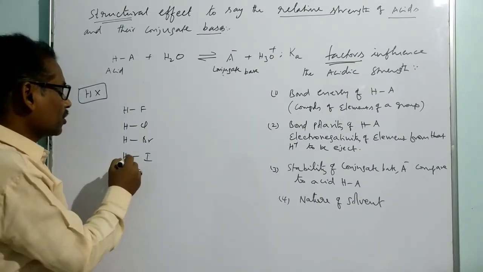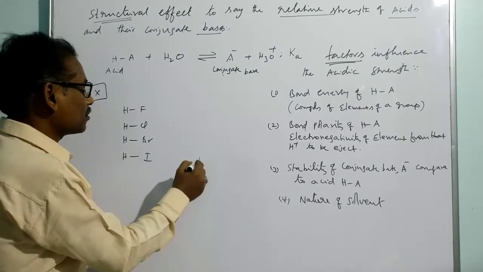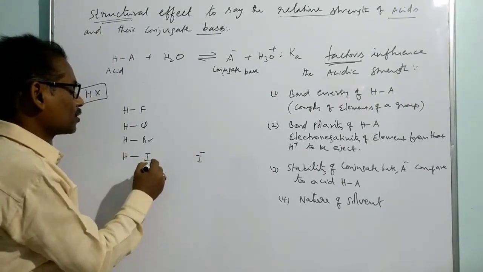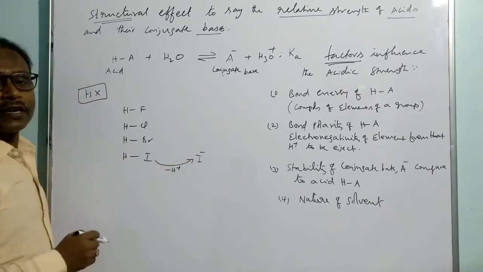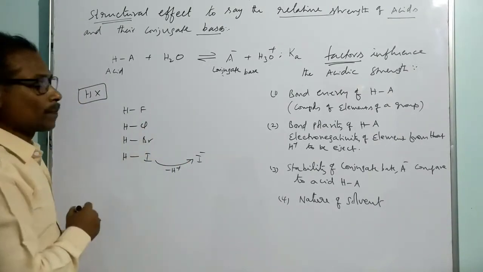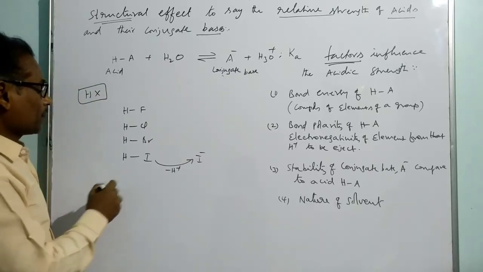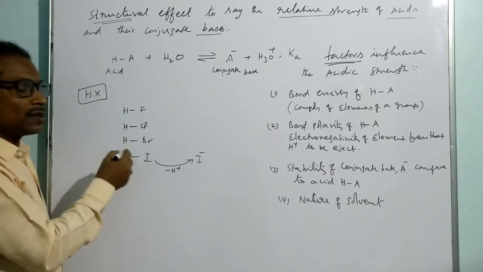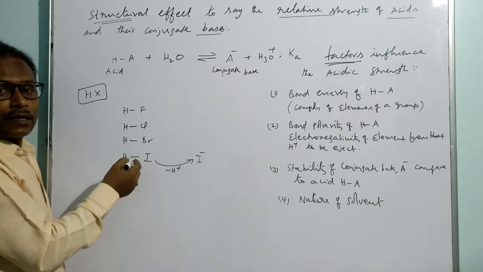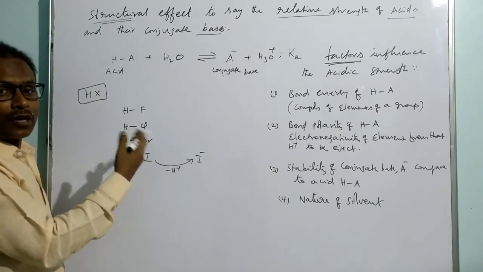This one breaks easily and gives rise to I minus by ejecting the proton so easily. So as bond energy decreases from top to bottom, HI is considered a stronger acid, a substance which ejects proton easily.